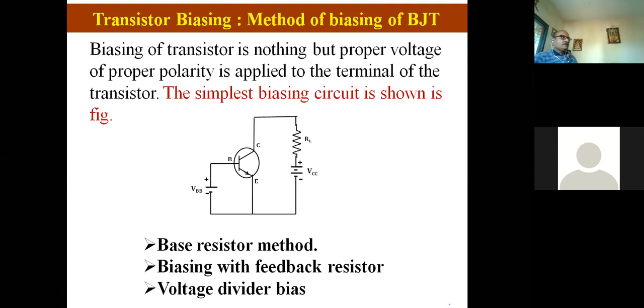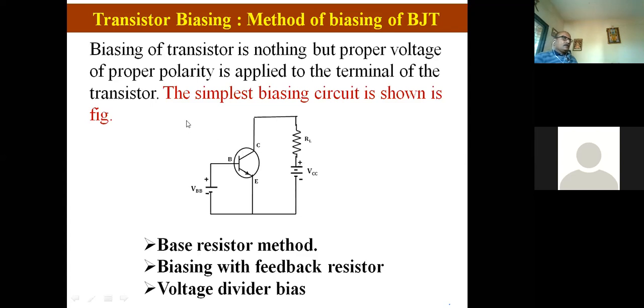The collector junction is always reverse biased. For proper biasing of a transistor, in normal operating condition or for proper working of a transistor, the emitter junction is always forward biased, and the collector junction is always reverse biased.